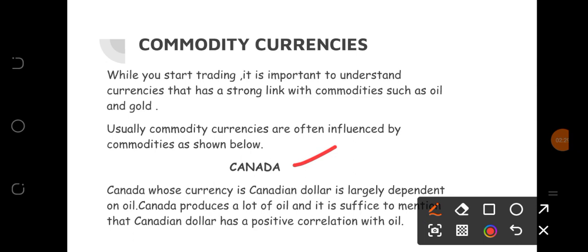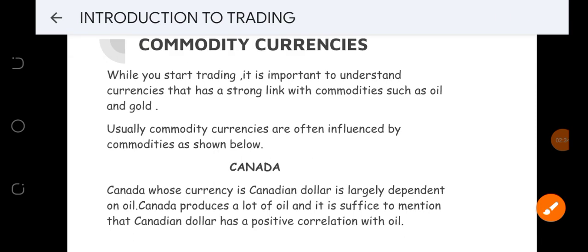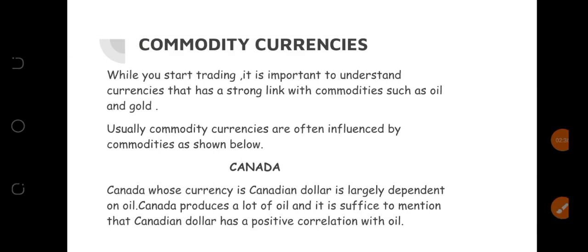We can mention that the performance of oil has a direct relationship, or a positive correlation, with the currency itself, meaning that when oil prices increase, it has a positive impact on the currency itself.